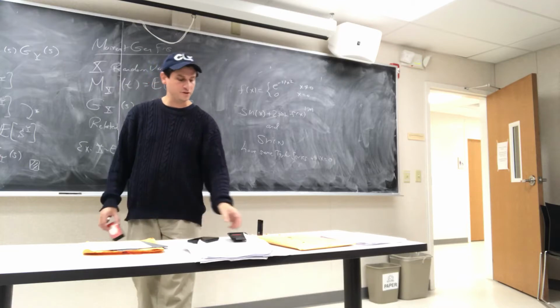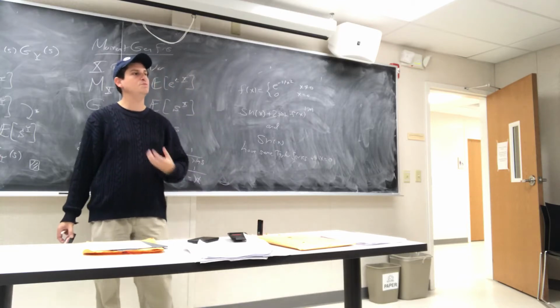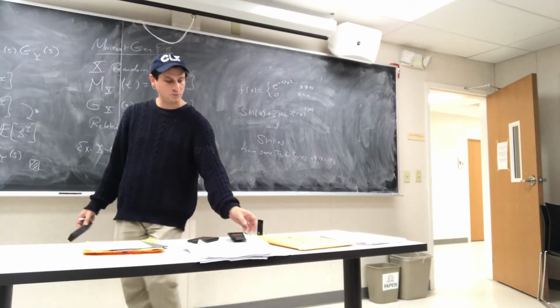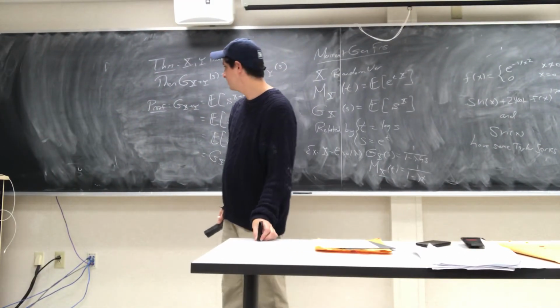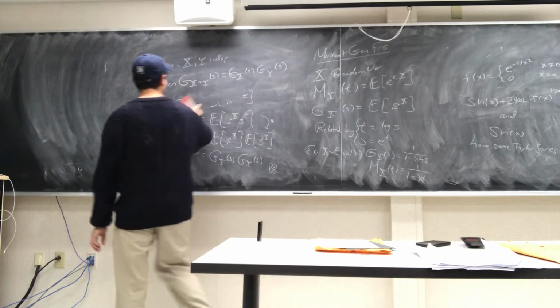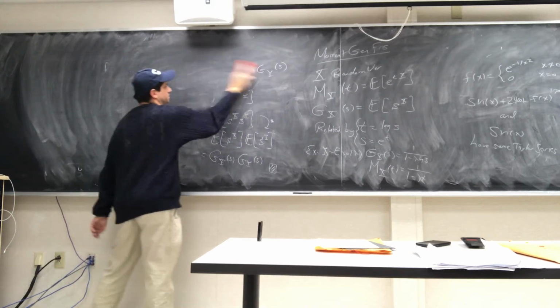So the moment-generating functions, the hope is that if I give you the moments of a probability distribution, that will uniquely determine the distribution. Not the case. So let's recall what the moments are.